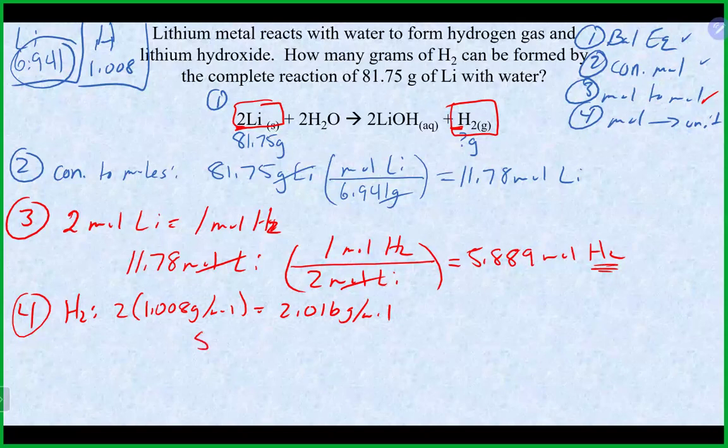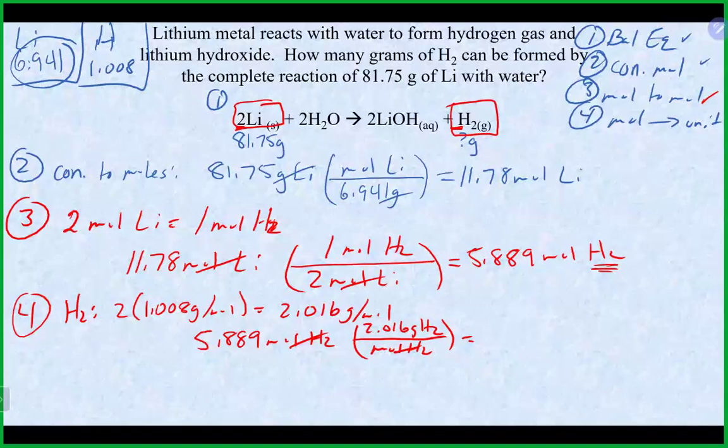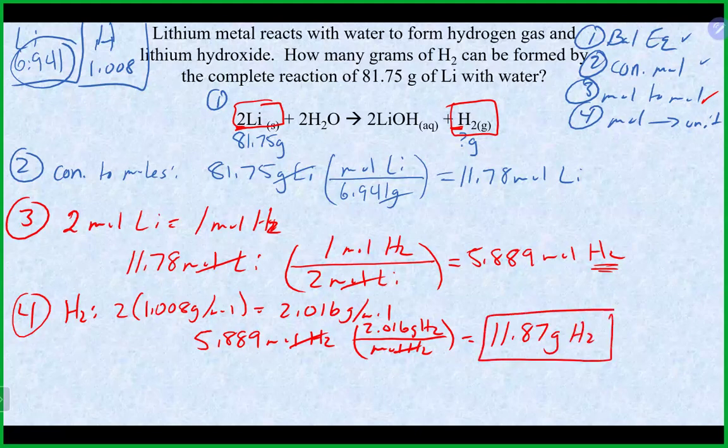So taking our number there, 5.889 moles of H2, moles are going to go on the bottom, so they cancel, the grams up on top. These cancel. And that's going to get us, with 2.016, about 11.87 grams of H2 that would be produced in this case.